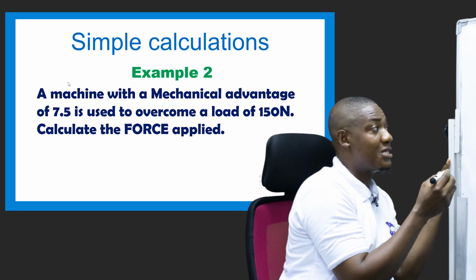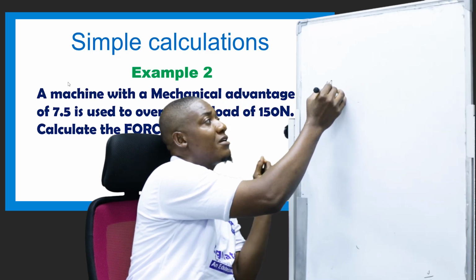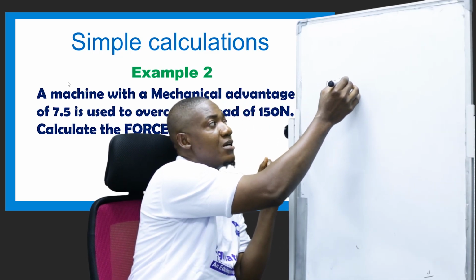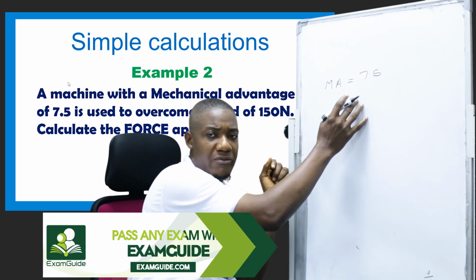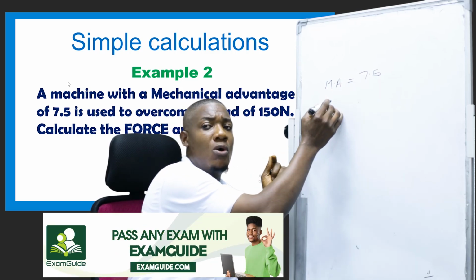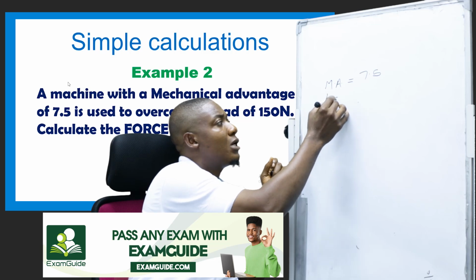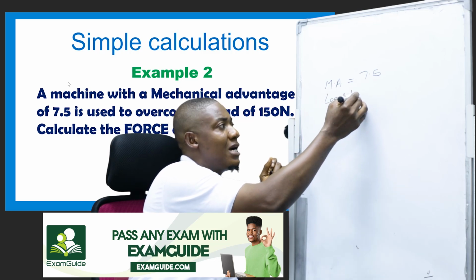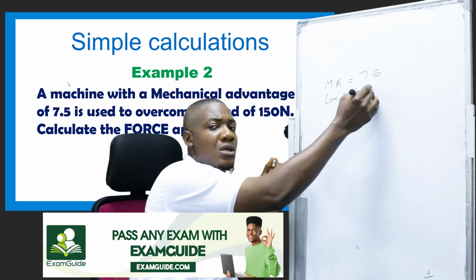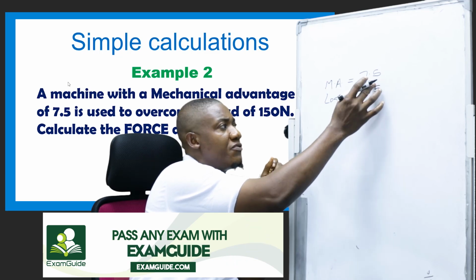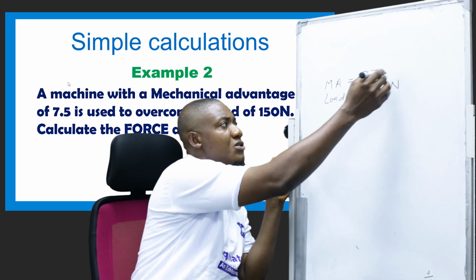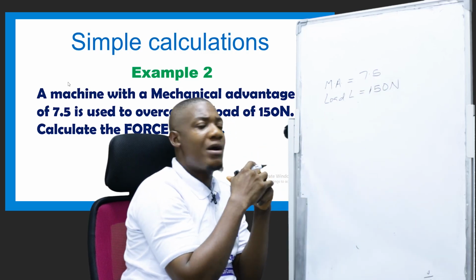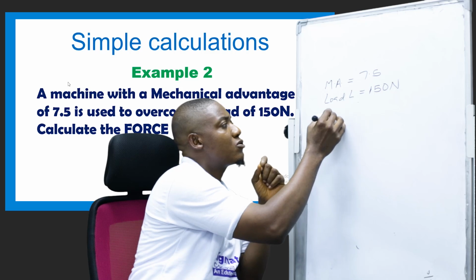The same thing we did before, we're going to write out the parameters. Here we're given mechanical advantage MA as 7.5. Also, load L, capital letter L, equals 150 newtons. We are required to calculate the effort.